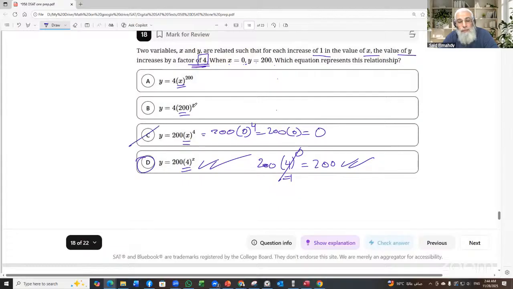And 4 multiplied by 200 to the power x at x equal to 0 will be 4 times 1, which is 4, incorrect. y should equal 200. And this one is 4 times 0 to the power 200, which is 4 times 0, which is 0, incorrect. So the only correct answer is D.